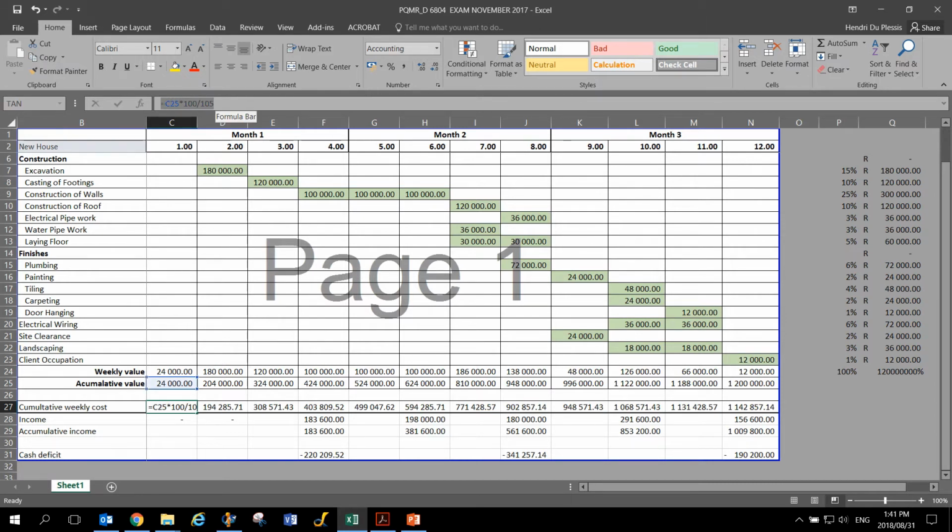So you will see that subtracting that 5% from your actual value is done in the manner of: you have 24,000 rand, that value of work that you've done is your cost plus 5%.